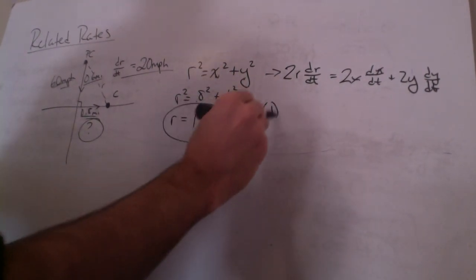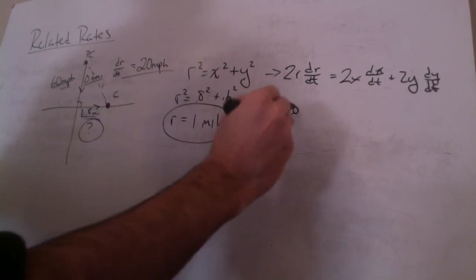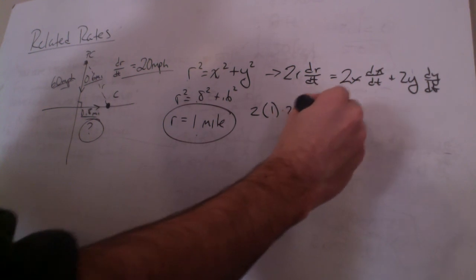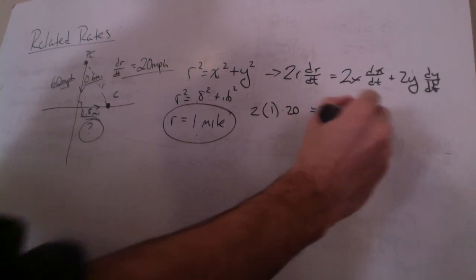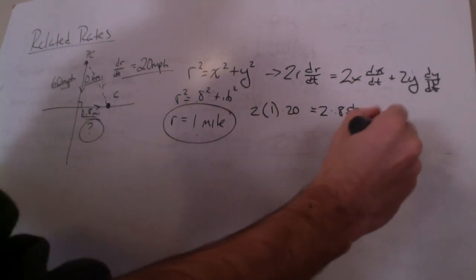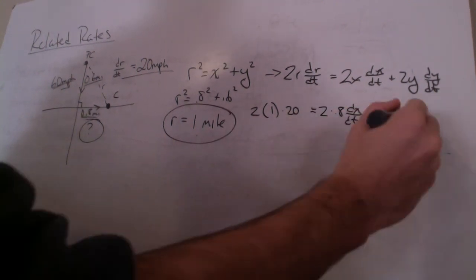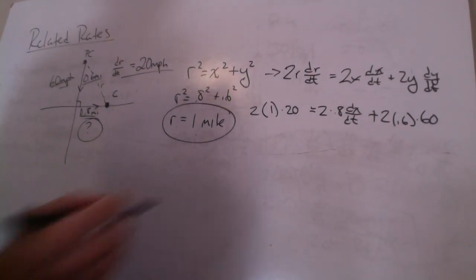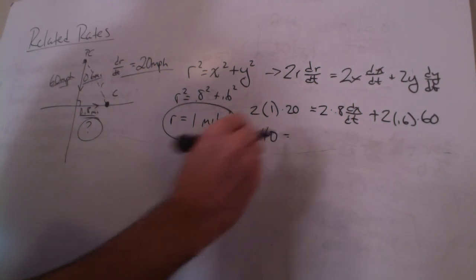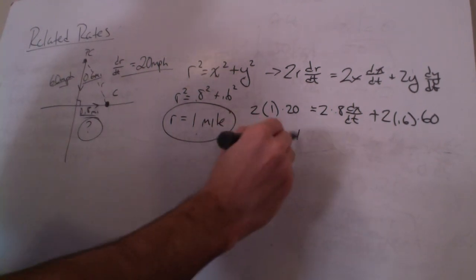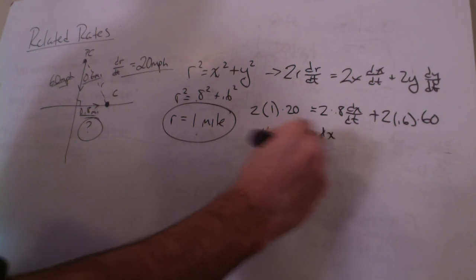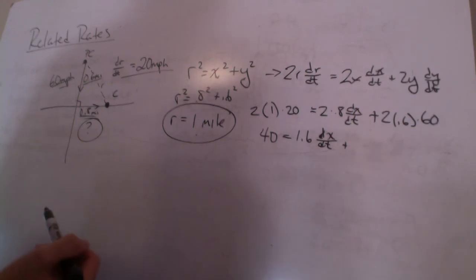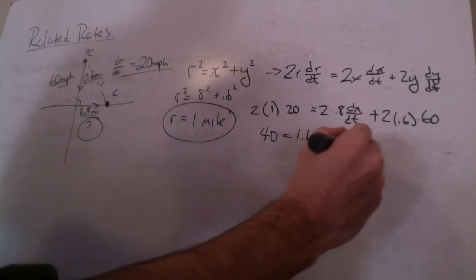I get 2 times 1 times dr dt, which is 20, should be 2 times 0.8 dx dt, which is what I'm trying to solve for, plus 2 times 0.6 times dy dt, which is 60. And now we'll simplify and do some fun things. This is 40, and that should be equal to 2 times 0.8 is 1.6 dx dt, plus 0.6 times 60 is 36, times 2 is 72.